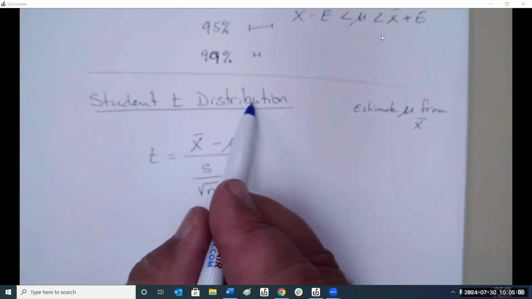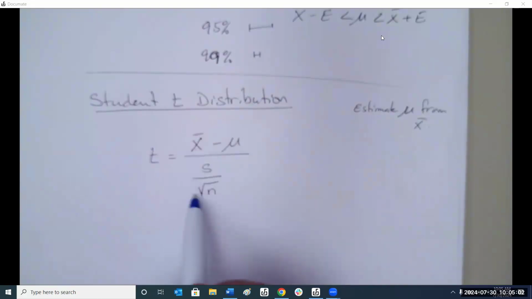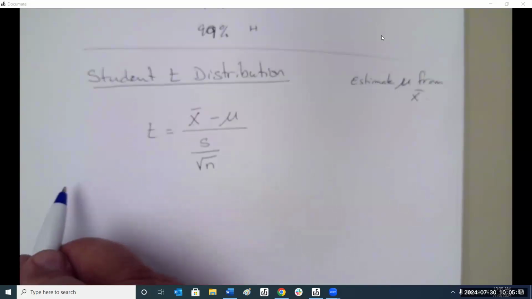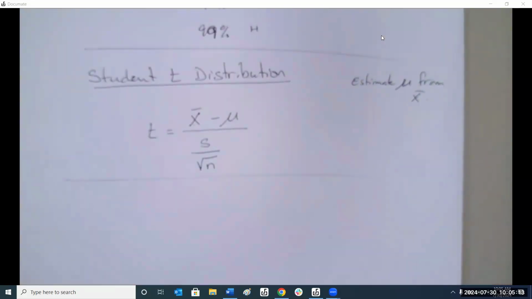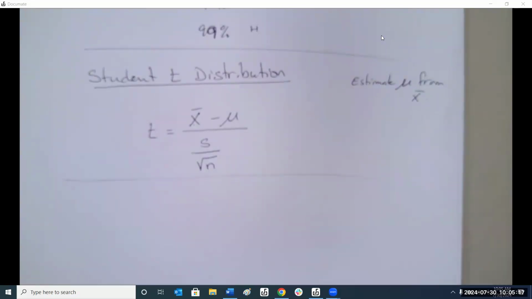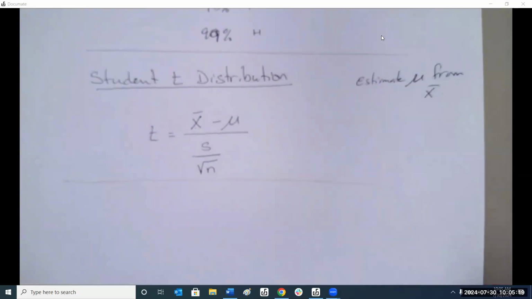So whenever you have to find the T distribution, this is the formula, mechanically, for how we're going to get the values. Or we can always use technology or the tables once we know the information. Again, degrees of freedom is n minus 1.